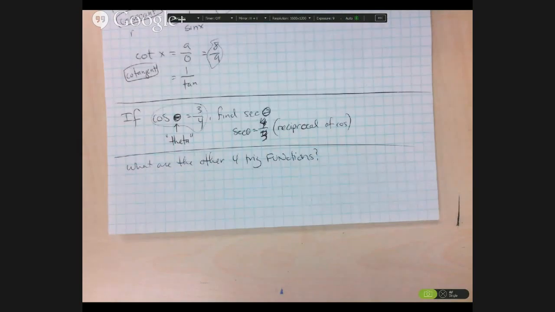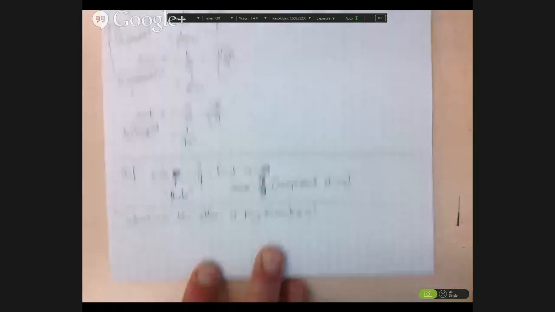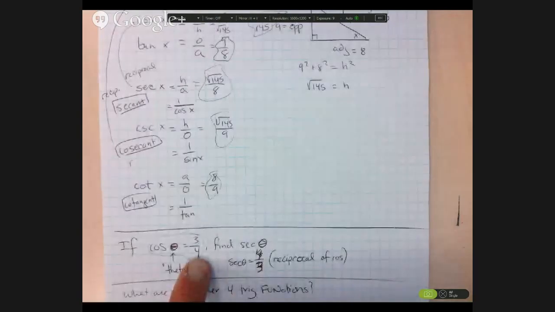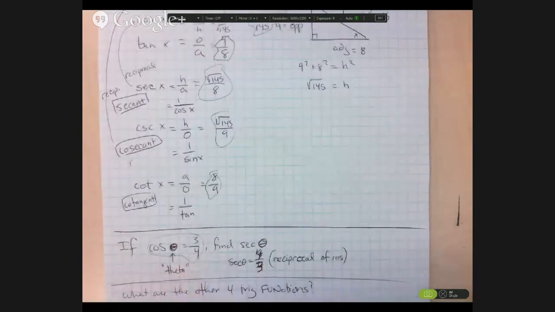Flip it over. Just like we did up here, can you use that information to figure out the other 4 functions?